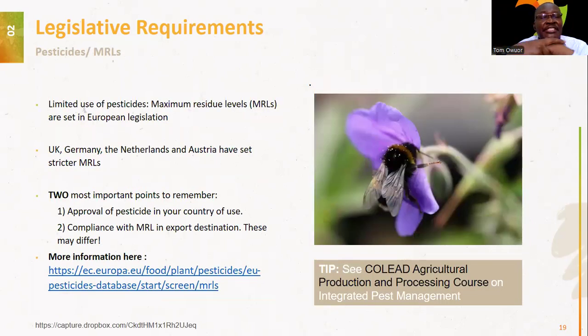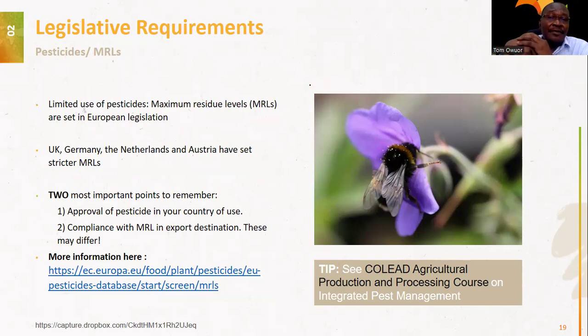Now, the maximum residue levels is equally another elephant in the house that must be addressed. If we do not address this, then we risk getting notifications. I will share with you the various notifications that have come from across various African countries.